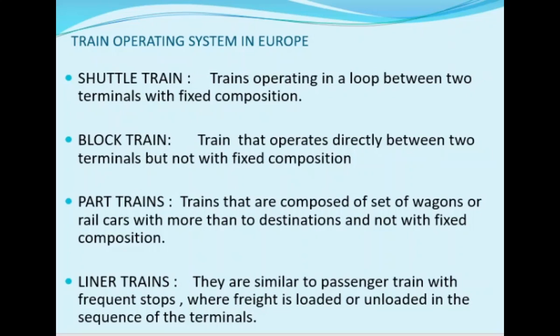Such a system is called liner trains, right? So a liner train is allowed to make frequent stops at different destinations, and at these destinations, goods could be loaded or offloaded at any station.